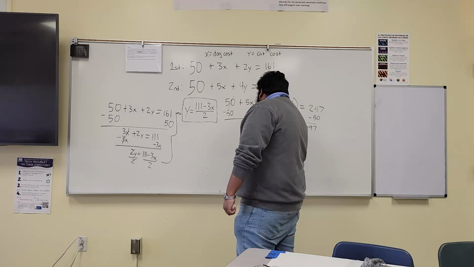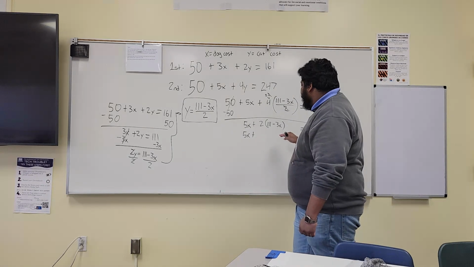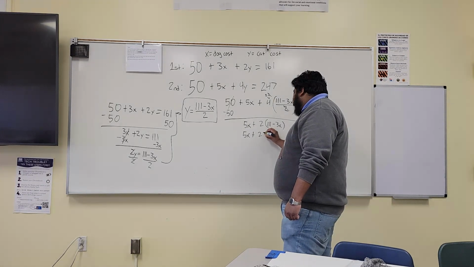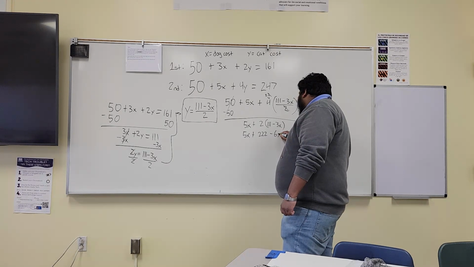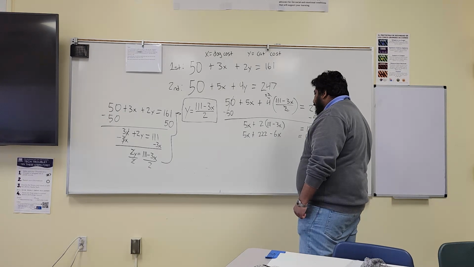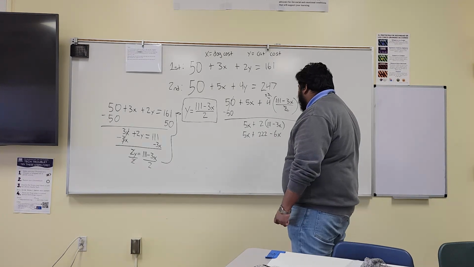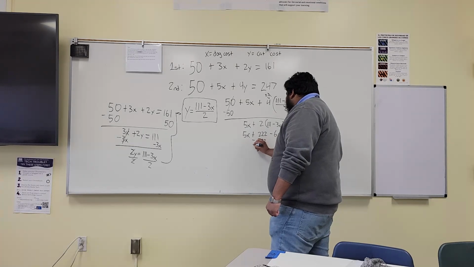All right. We're going to multiply that 2 throughout this entire thing in the parentheses. That's going to give us 5x plus 222 minus 6x equals 197. And then we're going to subtract 222 from both sides.